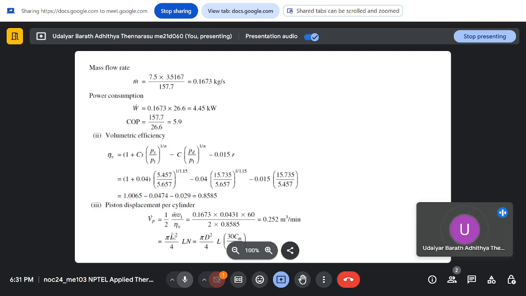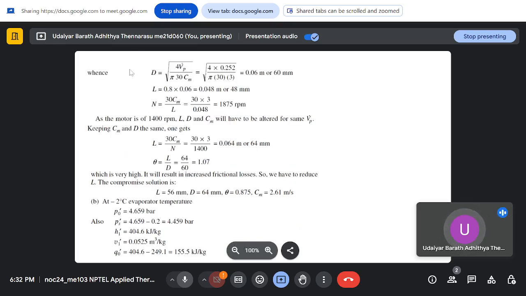This will be equal to pi by 4 D square into L into N, where N is 30 times your speed by L, and we get everything in terms of diameter. From this I can estimate the bore of the piston, which will come out to be 0.06 meter or 60 mm, and the length is 0.8 times the bore, so it comes out to be 48 mm.